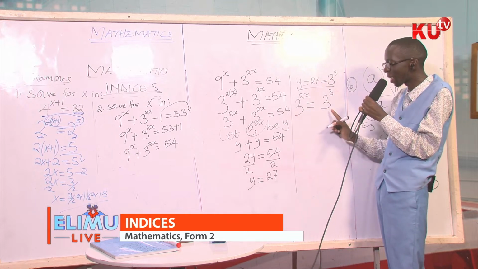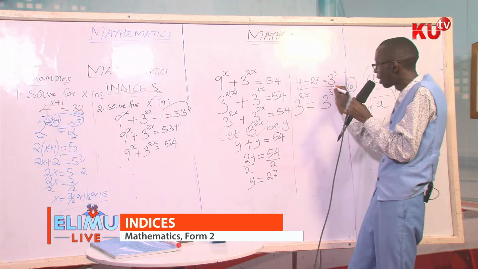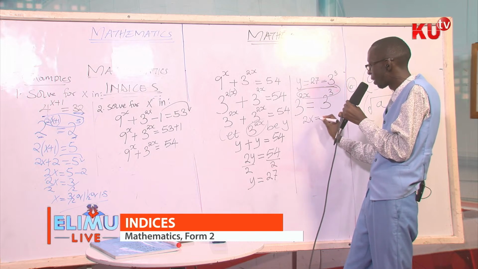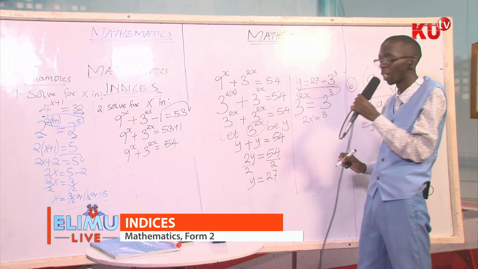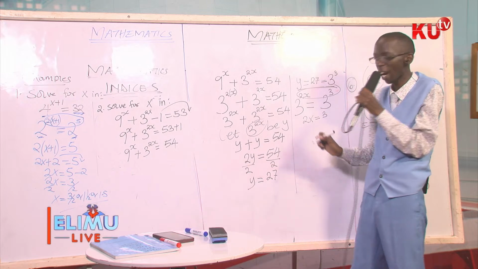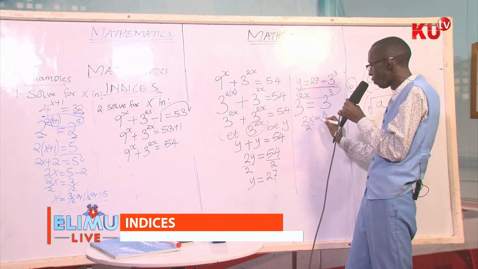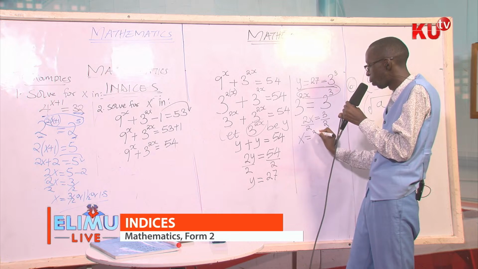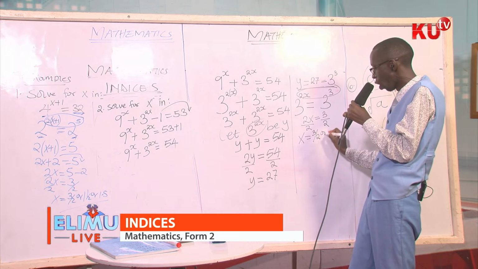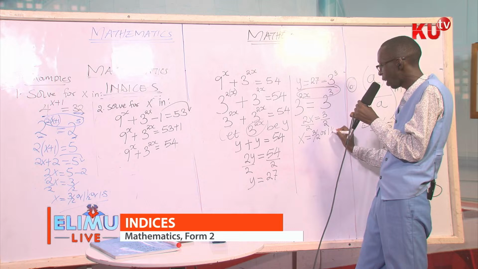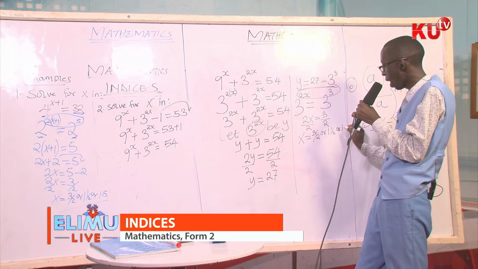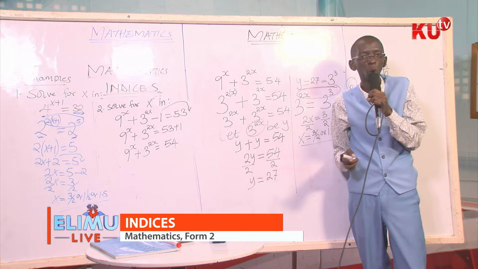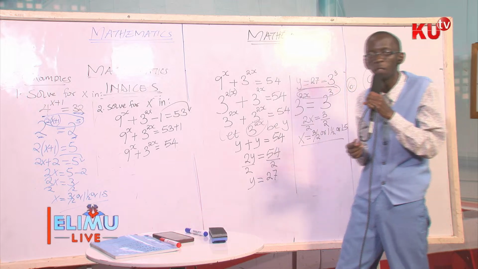Now the bases are the same. Equate the powers. 2x is equal to 3. You need x. Divide both sides by 2. x is equal to 3 over 2, or 1.5. That is how you solve such kind of a question.